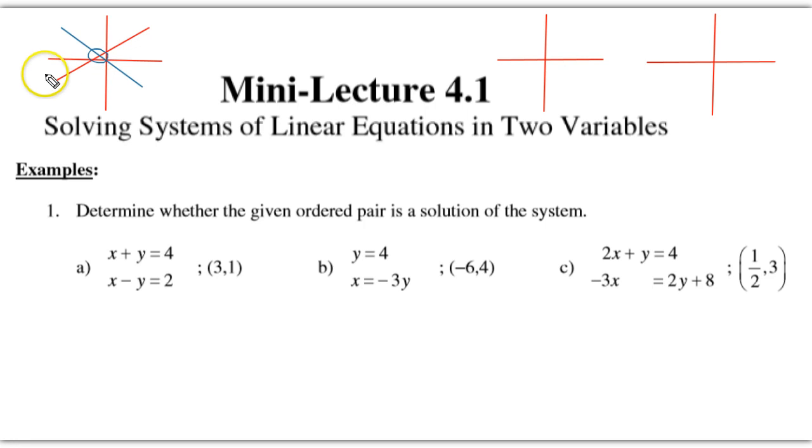And at this point, remember there's an infinite number of ordered pairs along each line. But out of all those infinite number of pairs, there's a unique pair right there that is going to be a solution for this equation, which shows positive slope, and this equation, which shows negative slope.